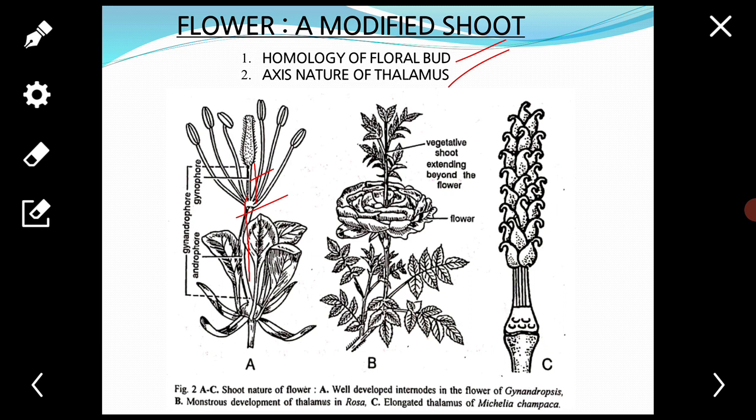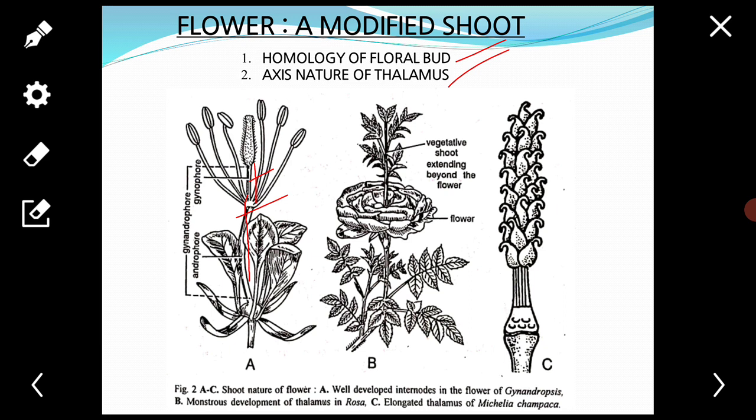Next, that is the monstrous development. The growth of the thalamus usually terminates after the formation of the last floral leaves, that is the carpel.